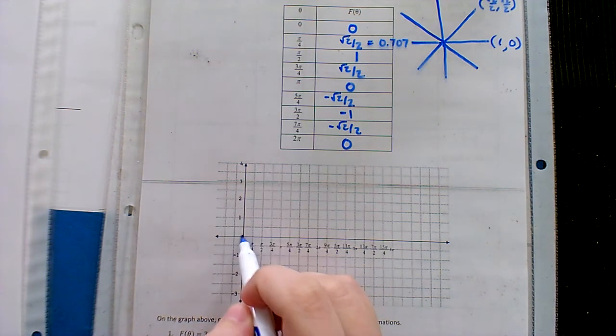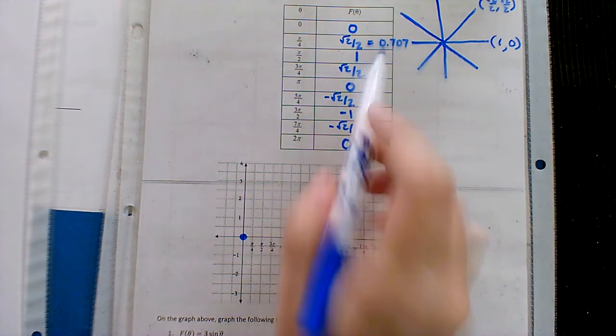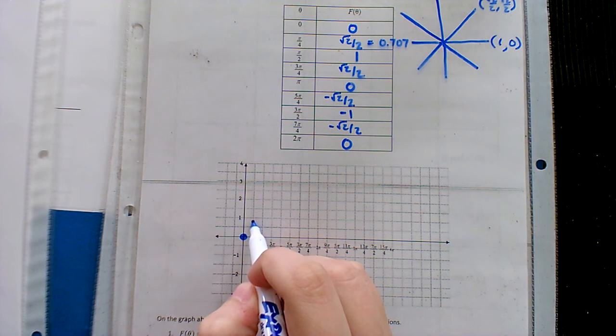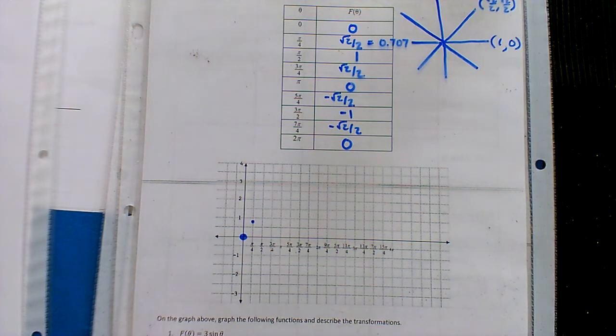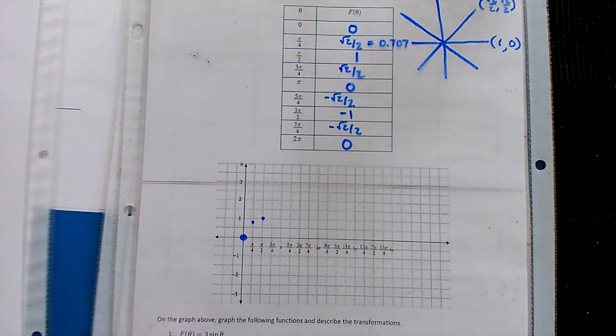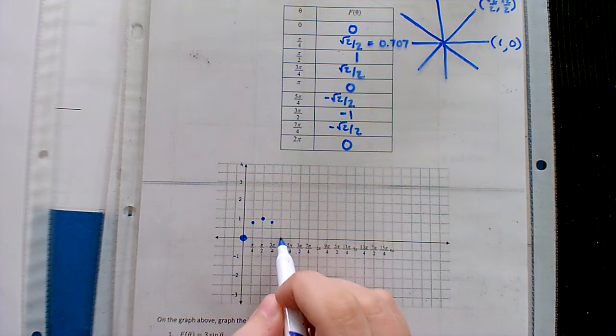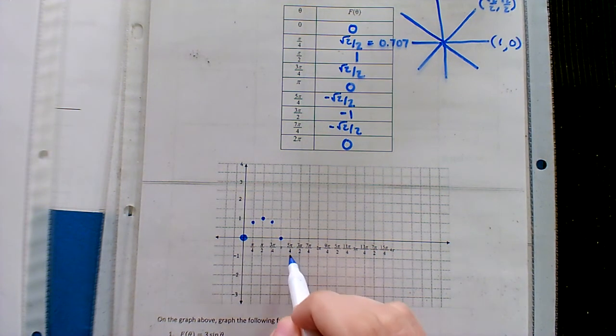So we're starting at 0, 0. Okay, we start at the origin. At pi over 4, we're a little bit less than 1. At pi over 2, we are exactly 1. 3 pi over 4, a little bit less than 1. Pi is 0.